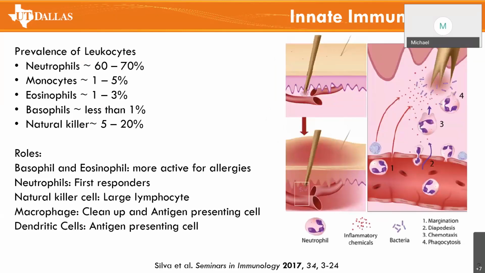I think I showed this image before. Basically, when an infection occurs through an opening, like a little scratch or injury, the cells in that area will begin to release cytokines.